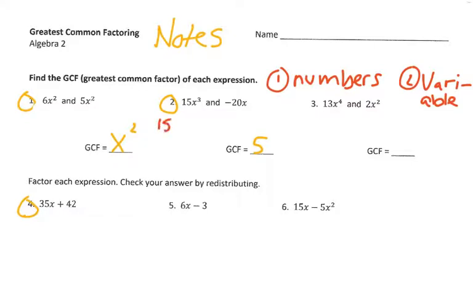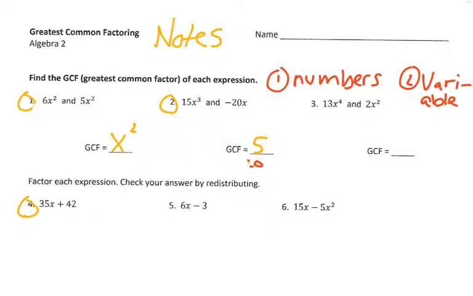So for instance, the number 15 has a 1, a 3, a 5, and a 15 that can divide into it. But the number negative 20 only really has 1, 2, 4, 5, 10, and 20. And so when we look at comparing them, really the number 5 is the only one that's alike in both.